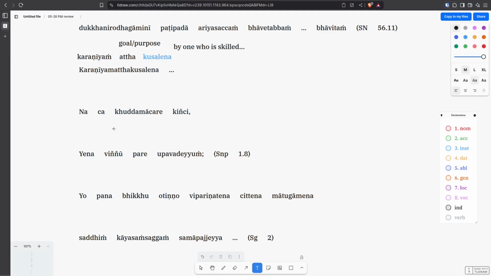It's from acharati. One should not do, one should not perform, one should not commit anything. Na kinchi means not something, that means anything. That's right. And not anything which.